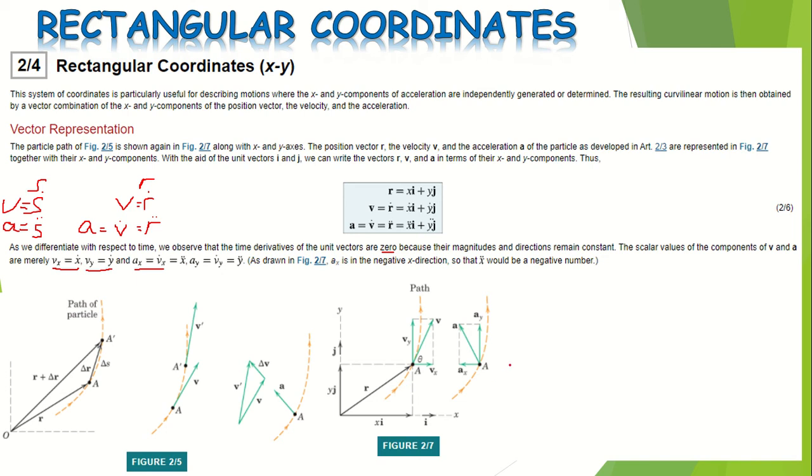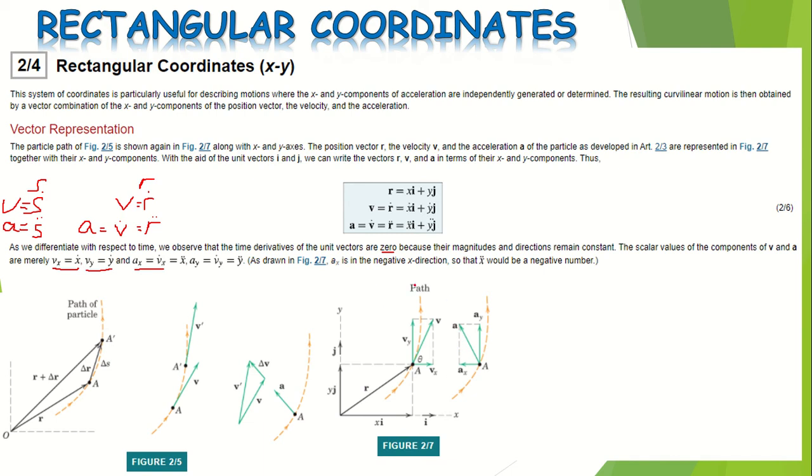All right, now for the acceleration, it is something like this. It is going in the opposite direction. So this is the acceleration here. This is the x component, and this is the y component.